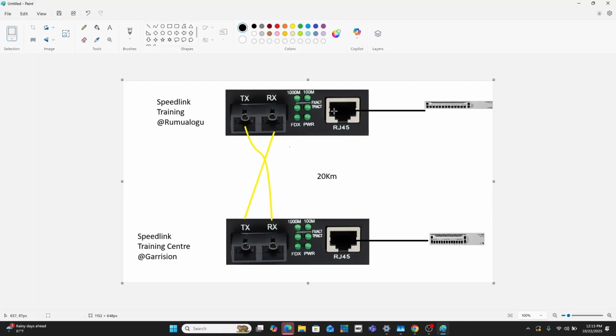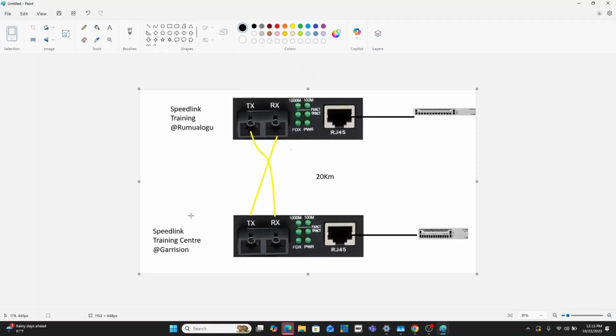So if I have a media converter that just has one port, this is the Speedlink headquarter at Urmalogo, and this is a sub training center at Garrison. That training center over there, they do not care about networking, right? All they just want to do is what? Browse, isn't it? So that means anything they are doing there can be controlled from the headquarter.